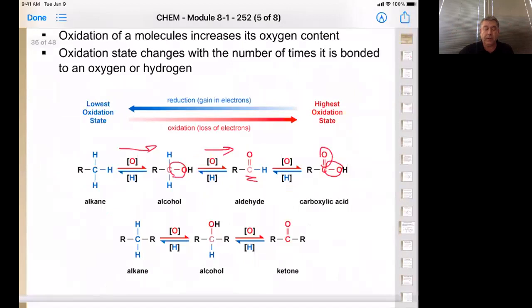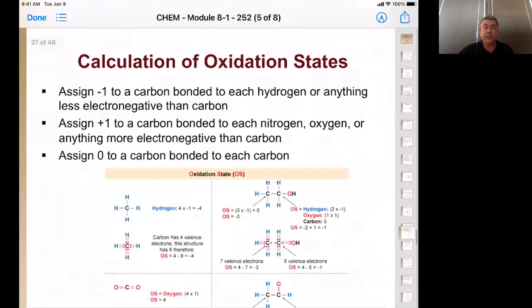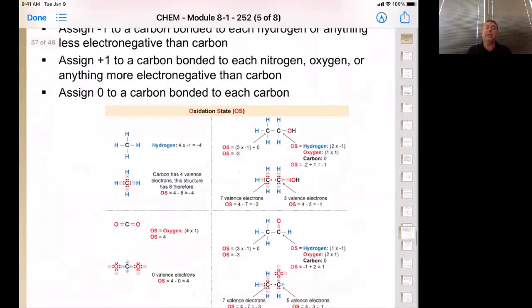The way we put a number on it is we give values to different things. We give a -1 to each carbon-hydrogen bond, a 0 to each carbon-carbon bond, and a +1 to each bond to something more electronegative than carbon: nitrogen, oxygen, halogen.